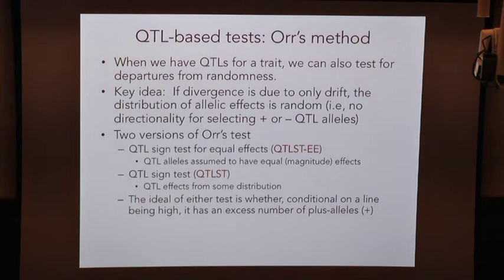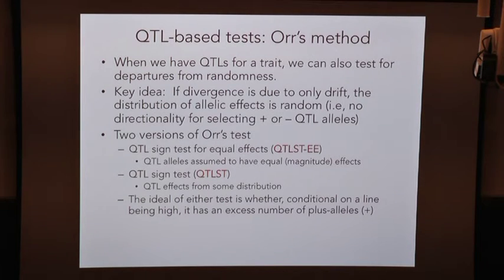I've got a whole bunch of QTLs, and I should be equally likely to pick a positive or negative QTL if selection has no impact. Number one, he assumes that the QTL effects have equal magnitude. This is his QTL sign test for equal effects. More generally, he assumes they come from some distribution. This is just a sign test.